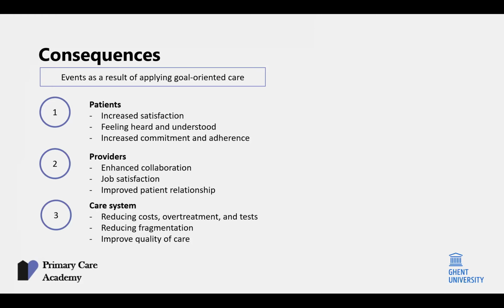But I want to mention also a downside of goal-oriented care, because I just presented some major benefits on the 3 levels, but there are also some considerations that have to be taken into account.